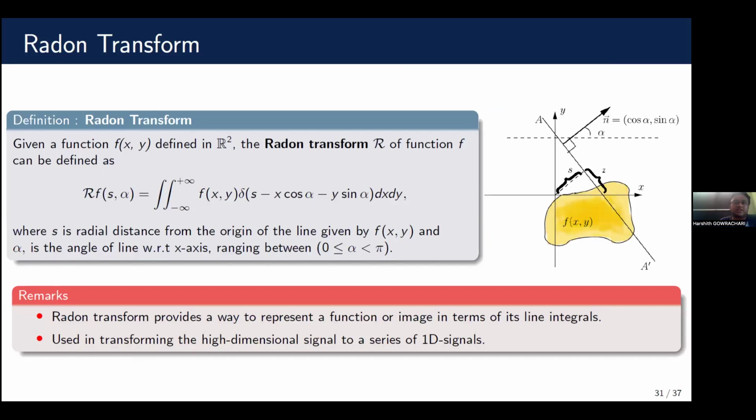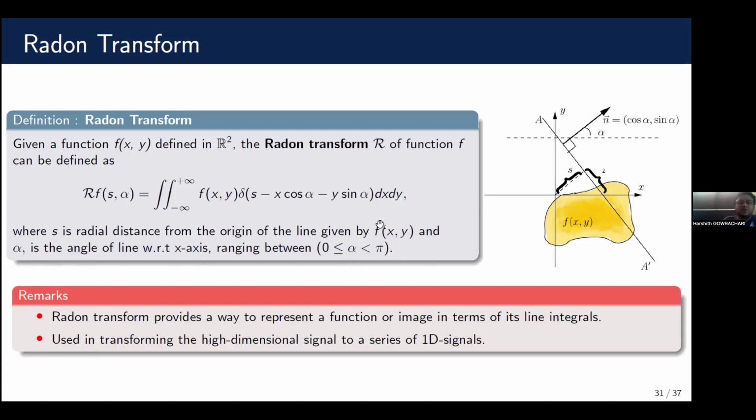This is the formal definition of the radon transform: given a function f in the two-dimensional plane, the radon transform of function f is basically an integral of the function along lines in all the directions and angles available, with which you represent your function in terms of its line integrals.